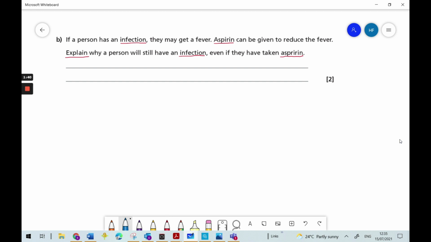I'm going to write aspirin can treat the symptoms of an infection like fever.